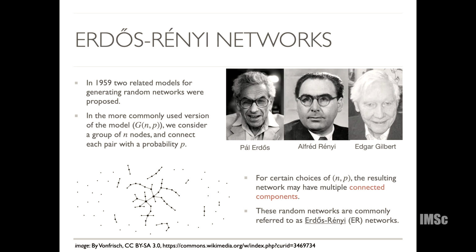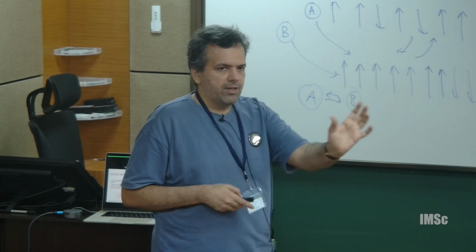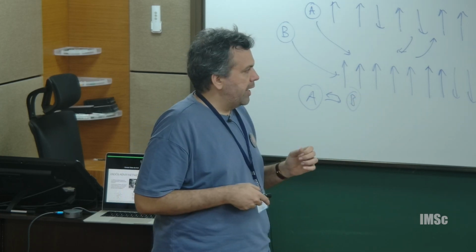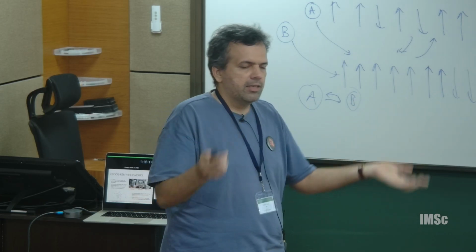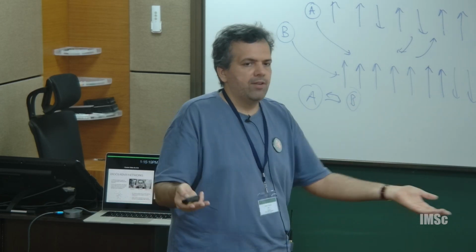These networks provide a very good benchmark for doing a lot of analysis, because the assumptions underlying them are extremely minimal. For example, if you want a network of a certain average degree, you can just choose your n and p accordingly, and with this choice of n and p you will have a resulting random network with such an average degree.